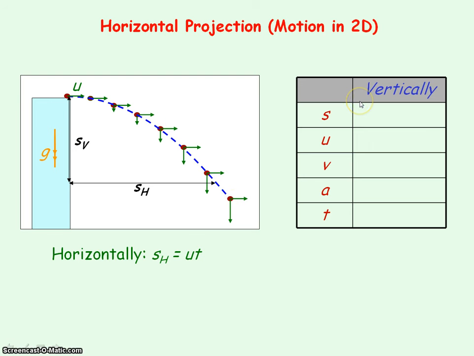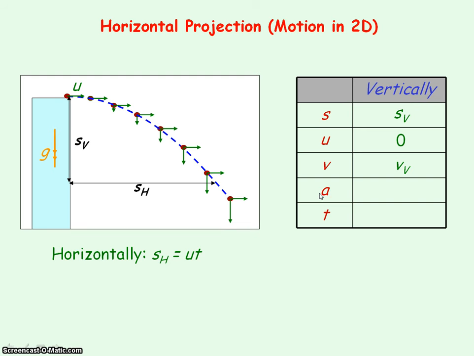When looking at the vertical motion, we can use the SUVAT equations. So the displacement vertically is our s_V. The initial velocity vertically is 0, and that's because the ball has been projected horizontally, so there's no initial vertical velocity. The final vertical velocity we will denote as v_V.